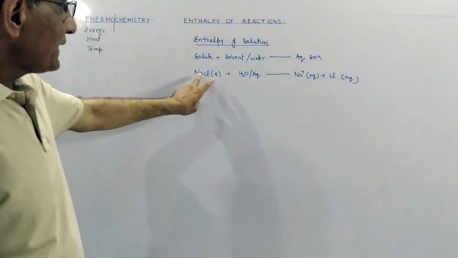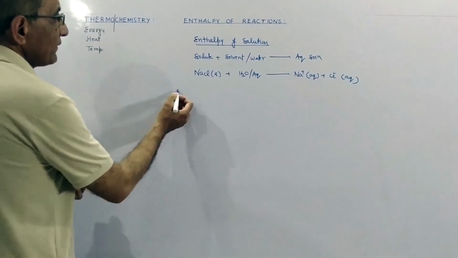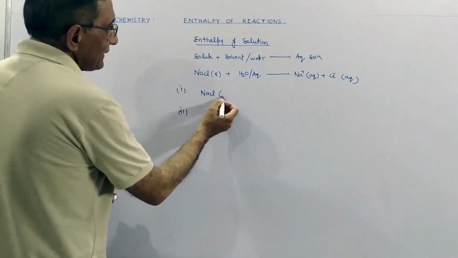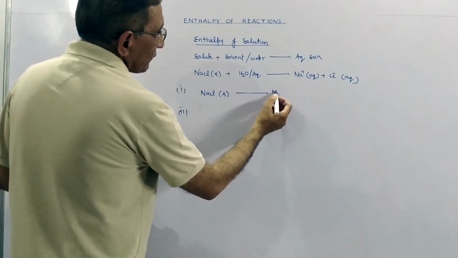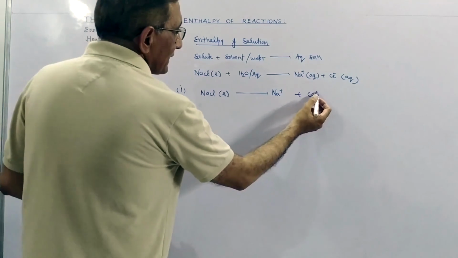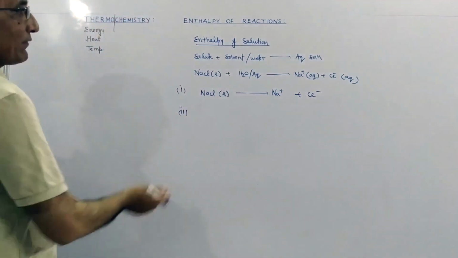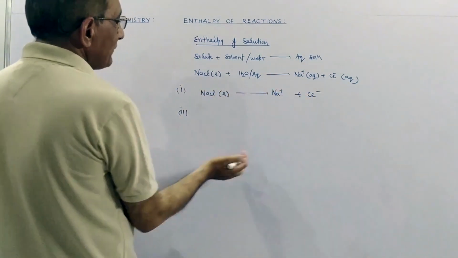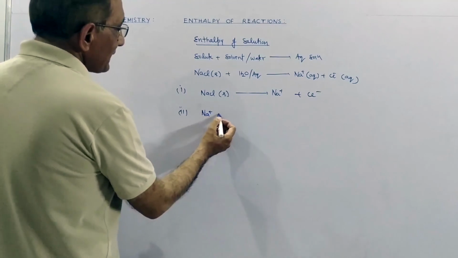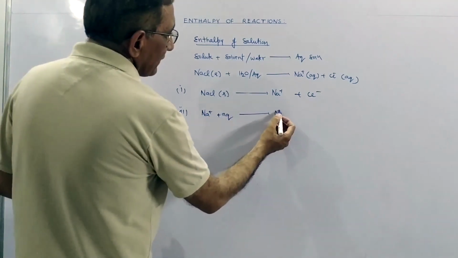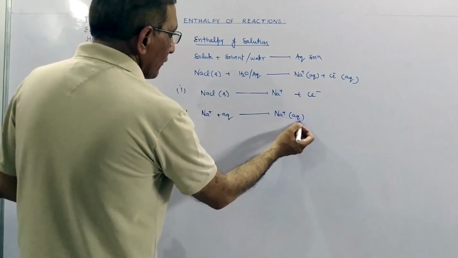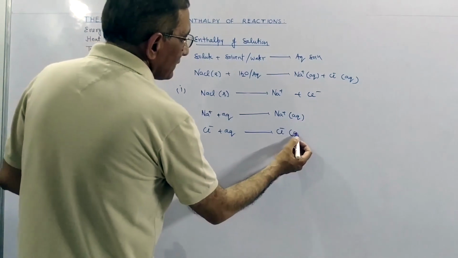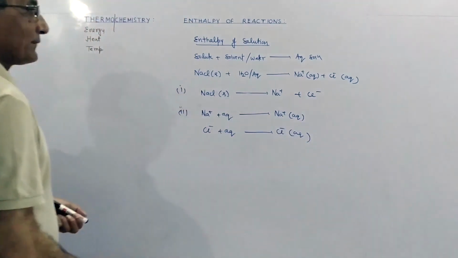And if we go into detail, students, then what happens? Whenever you dissolve any ionic compound, there are 2 parts we have to study. First, NaCl will convert into Na+ ion and Cl- ion. It will be lattice energy because we are dissociating this into ionic form. Now these ions will combine with water and we will get Na+ aqueous, and Cl- will dissolve in water and we will get Cl- aqueous.